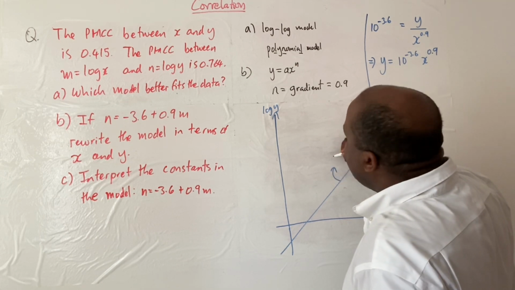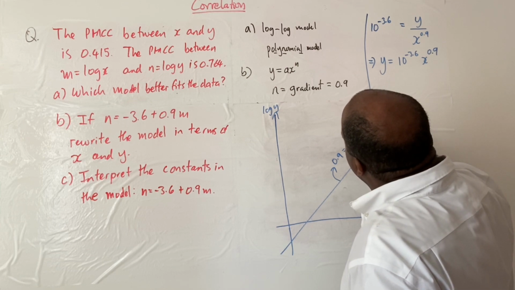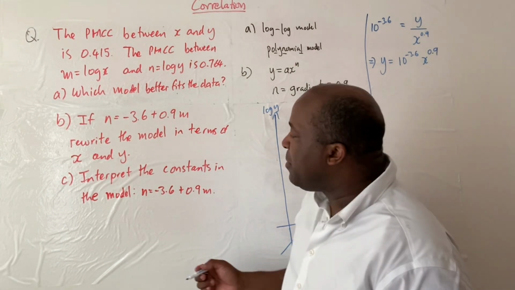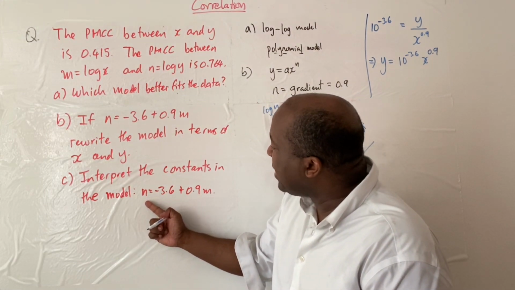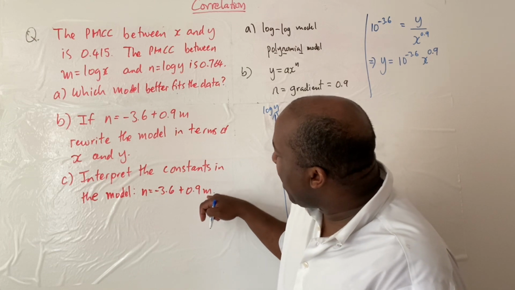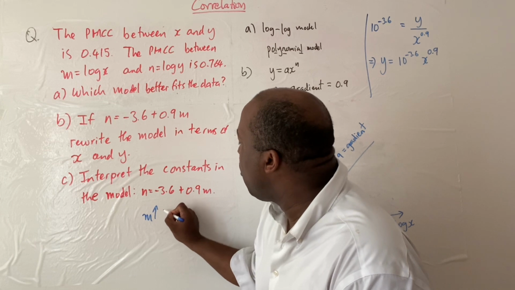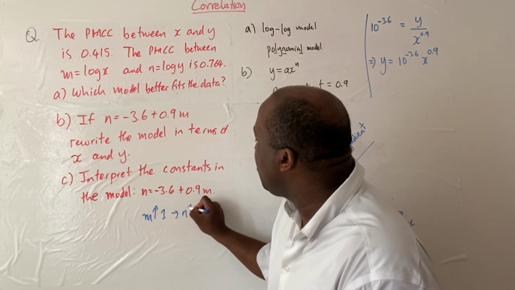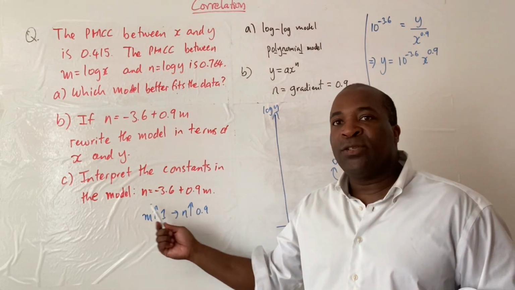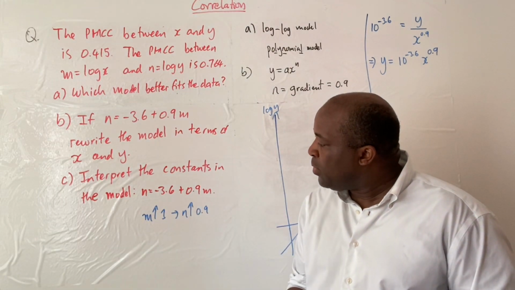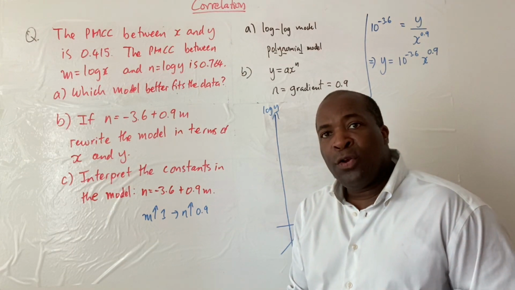And then the gradient is 0.9. So essentially the argument is that as m increases by 1, n increases by 0.9. So this is just the rate at which n is growing, 0.9. So the gradient will tell us that for every unit change in m, n will change by 0.9.